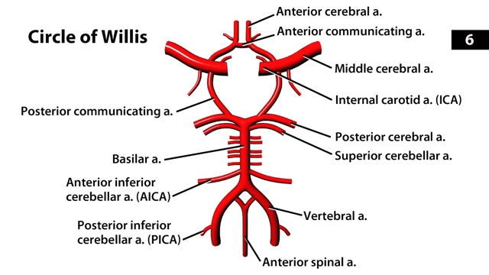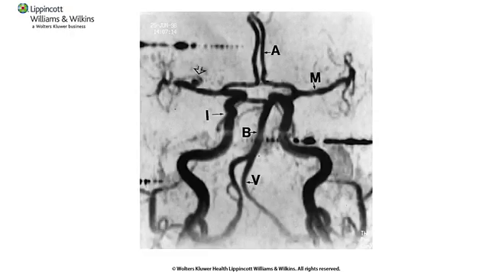Now, it's one thing to label a nice, neat diagram, but let's also try to apply this to actual arteriograms. In real life, things tend to get squashed and distorted a bit, and real anatomy isn't perfectly symmetrical. And you can't identify every single artery on this image. But I hope you can recognize this circle at the top.